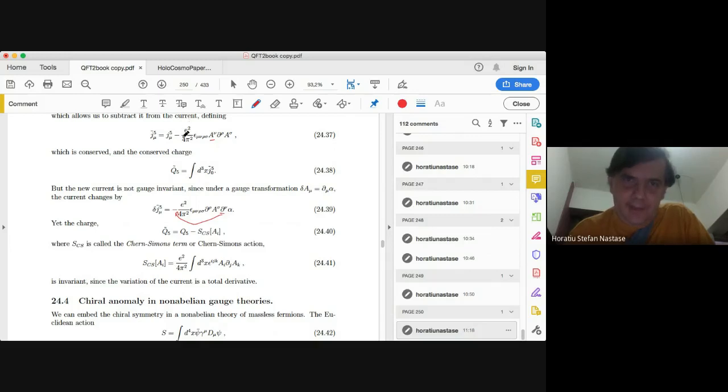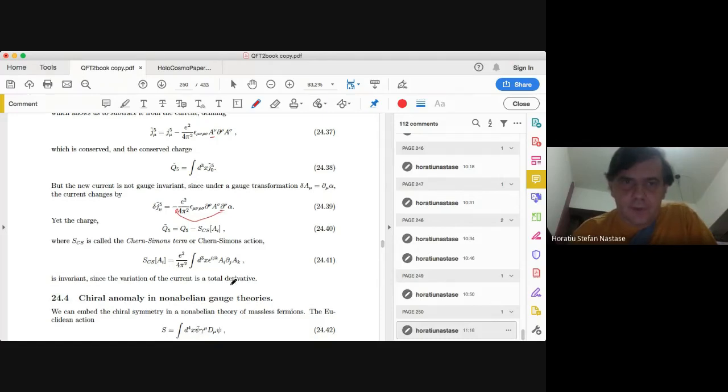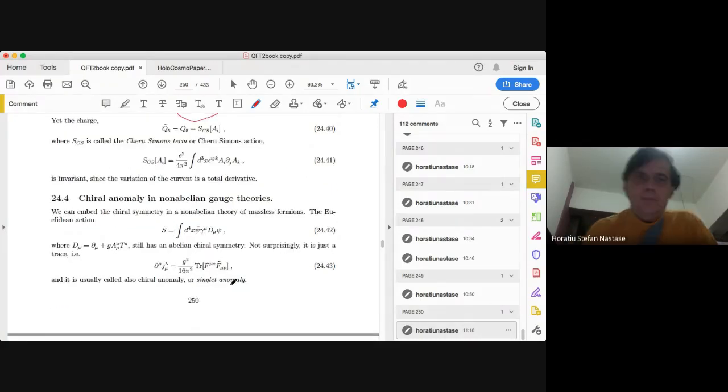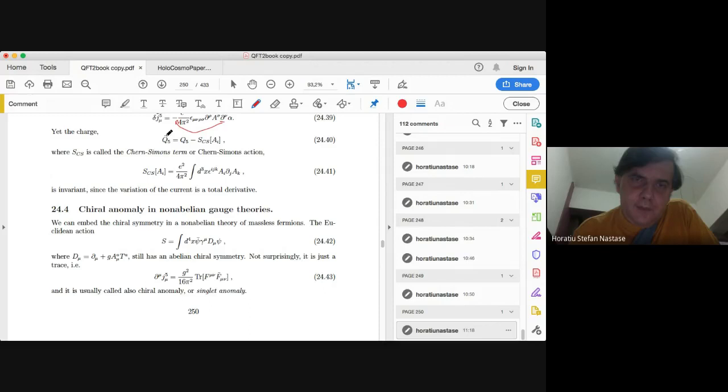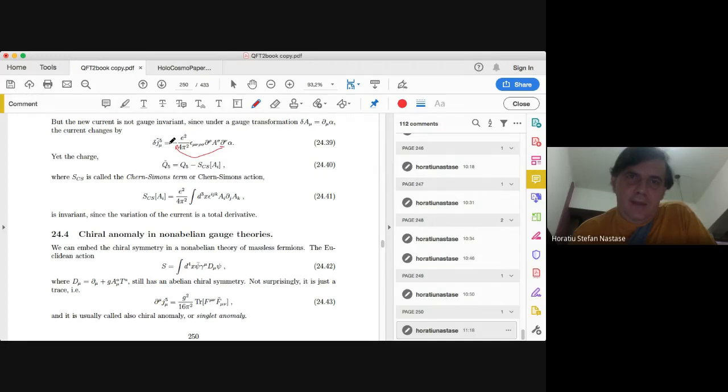So I get a boundary term, but the boundary term is 0 because alpha is equal to 0 at infinity. So, all right. So the redefined charge of the symmetry makes sense because it's conserved and it's gauge invariant.